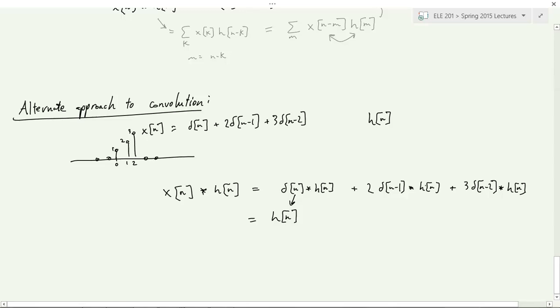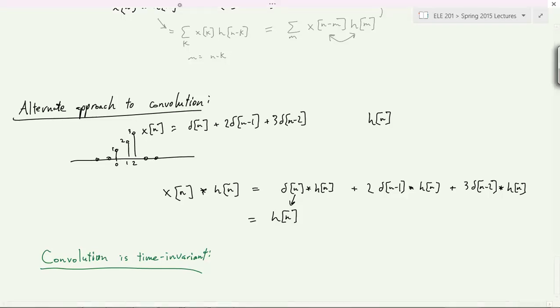But convolution has a property which I think we'll come back to in another lecture and talk about a little more. It's a very important one. Convolution is not only linear, it's time invariant. And what that means is if you shift one of them in time, like here we've shifted the delta input in time.